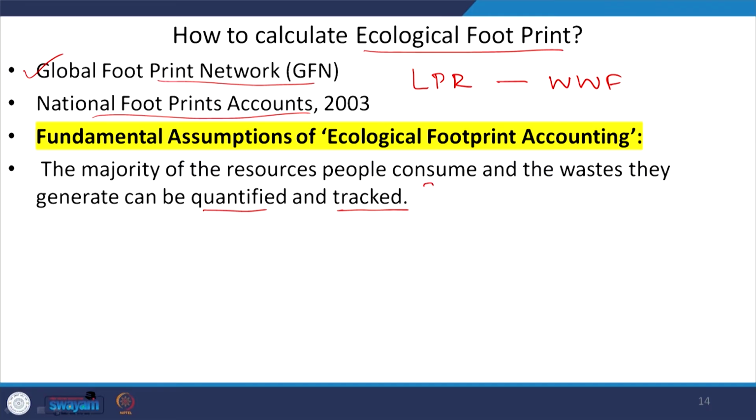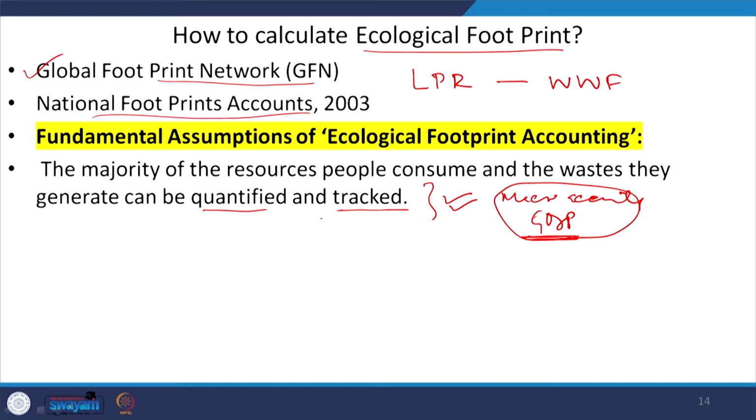So, this one is again very useful given the macro accounting concept of GDP, because the way we are preparing the GDP concept has many limitations and it has been criticized, because we are not talking about many accountings like natural systems and natural resources accounting.